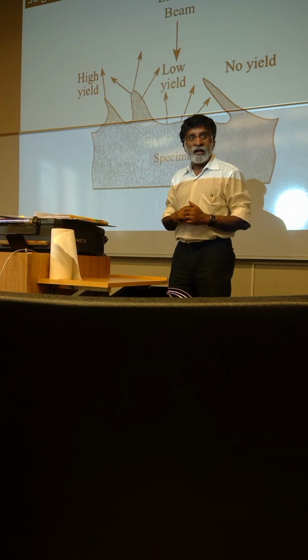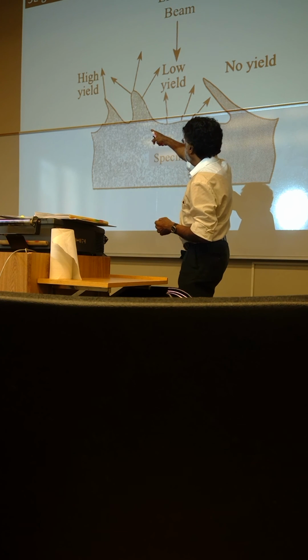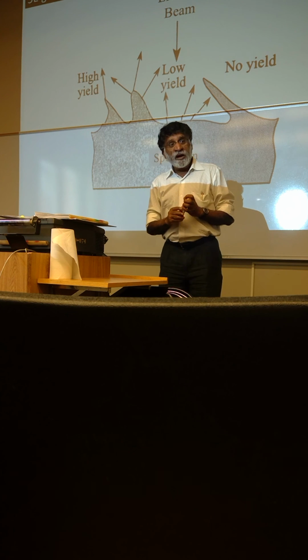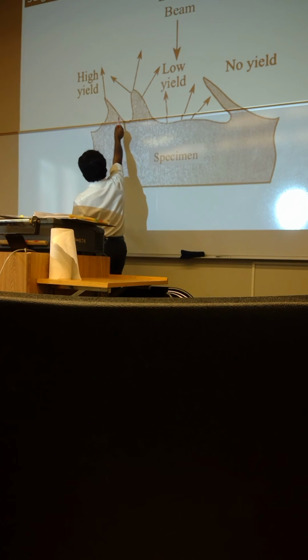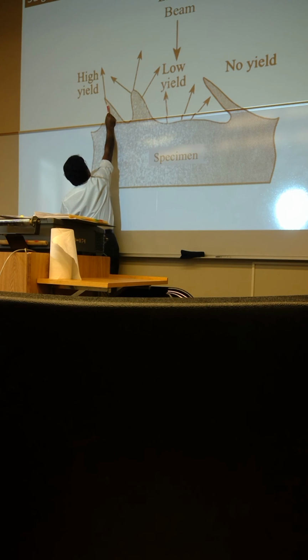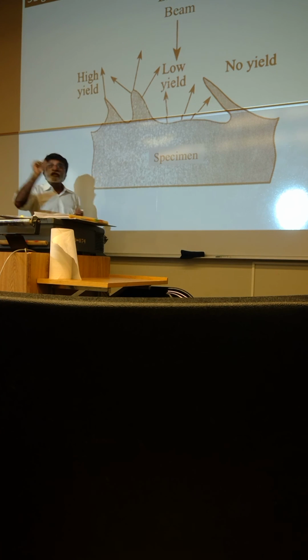That's one. The second one is what is called the number contrast. The number contrast is that when you have sharp edges like this, the secondary electron generated here, even at a certain depth, can come out because there is only a certain sample depth around.